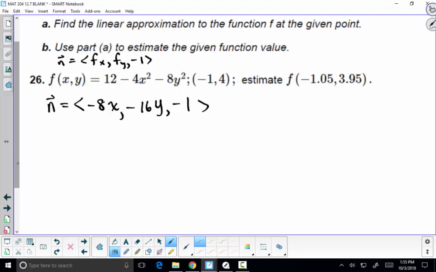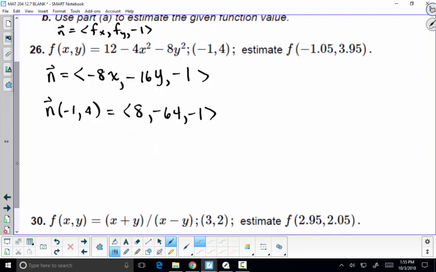So the normal vector at negative 1, 4: plug in negative 1 for x, we get 8. Plug in 4 for y. That is the normal vector that we will use.